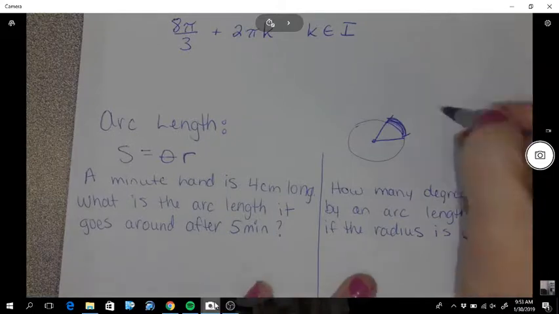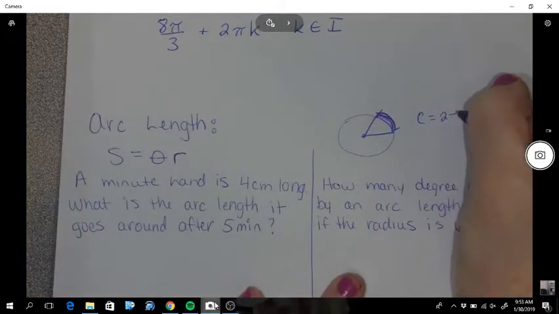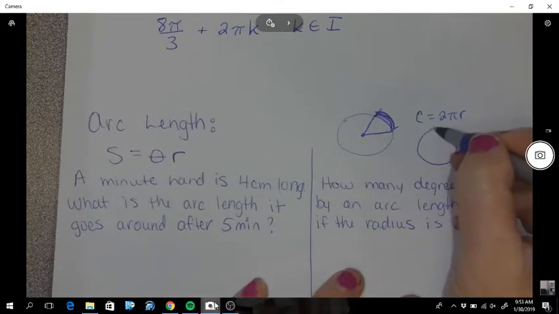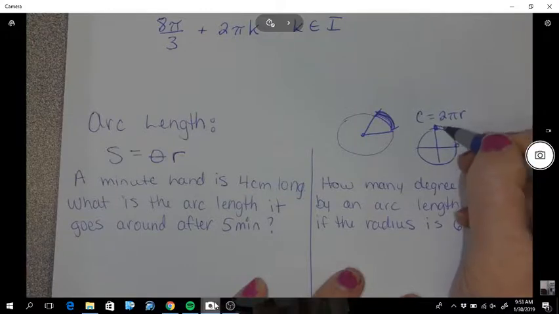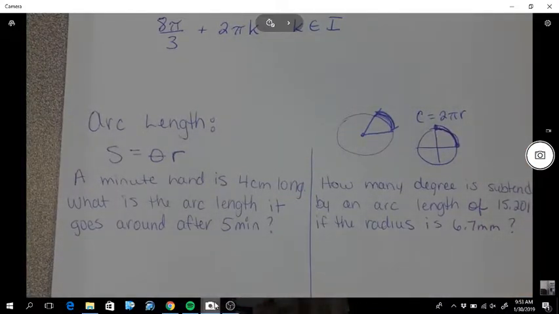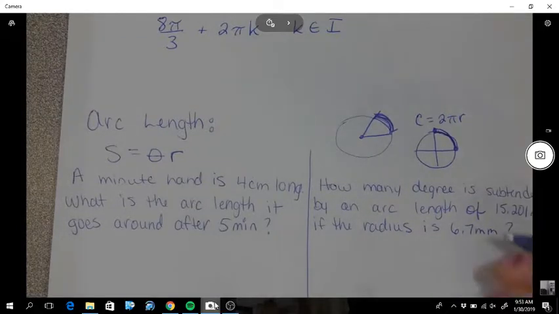Okay, so we know that circumference is 2 pi r. What if I wanted the arc length from here to here? Well, you know that that's just a quarter of the circumference.